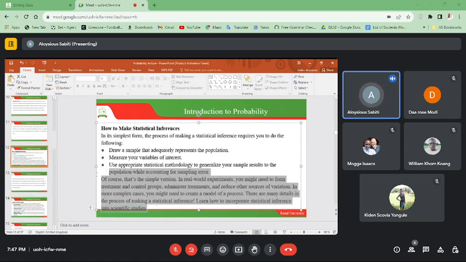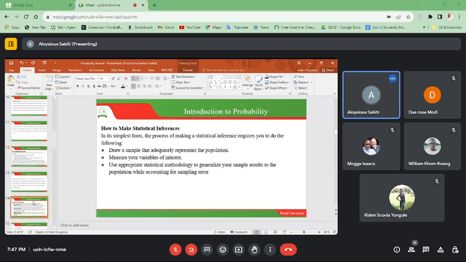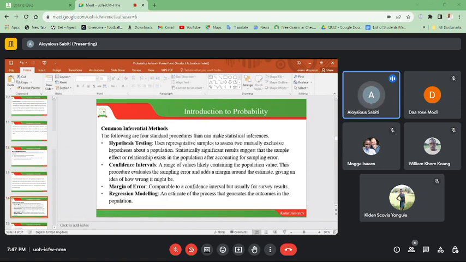Let me just give you a little brief here on some of the common inferential methods. But I know, like I've said, you should have covered some of them in the different modules that you've covered. So the following are some of the standard procedures that you can use to make statistical inferences.